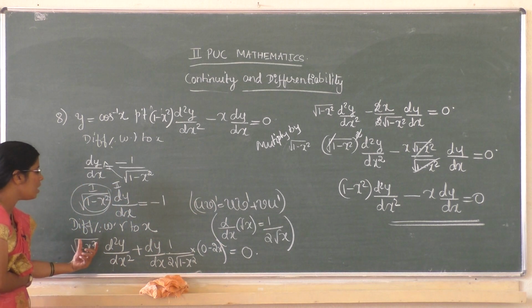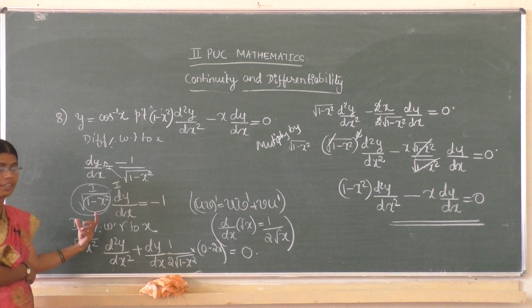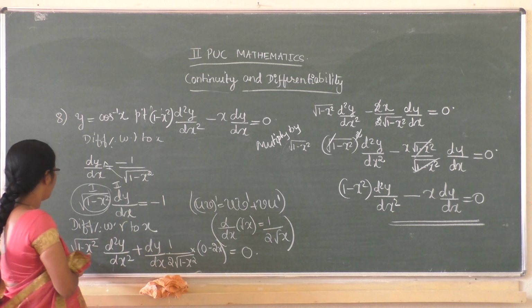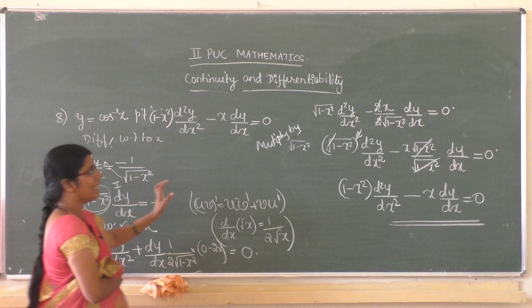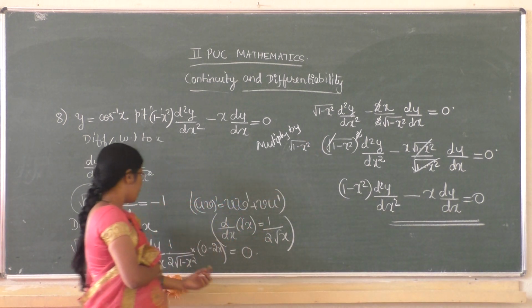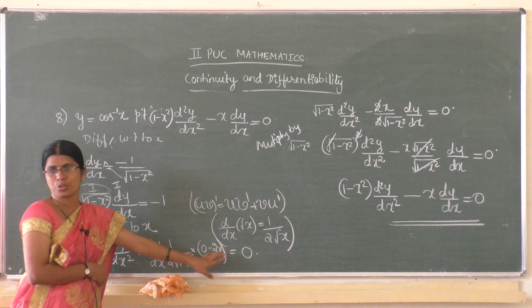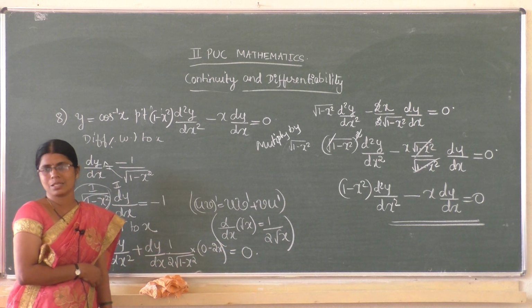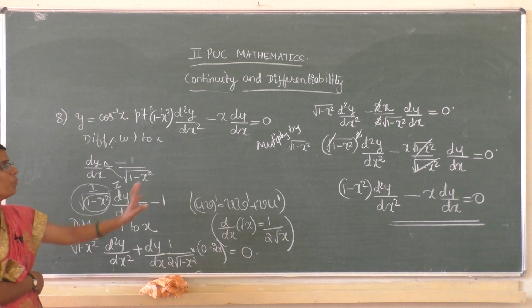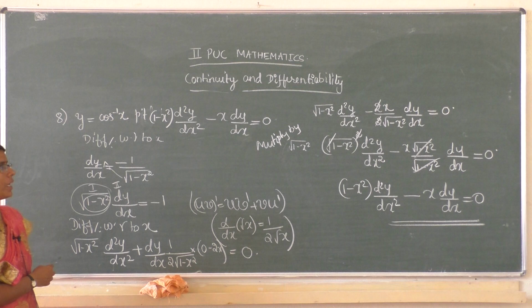Use product rule, that is differentiation using product rule, we get this. After this step you can directly write this step. You can skip that 2x because you can directly cancel 0 minus 2x. 0 minus 2x is minus 2x and minus 2, and here 2 cancels. So we get that particular equation.